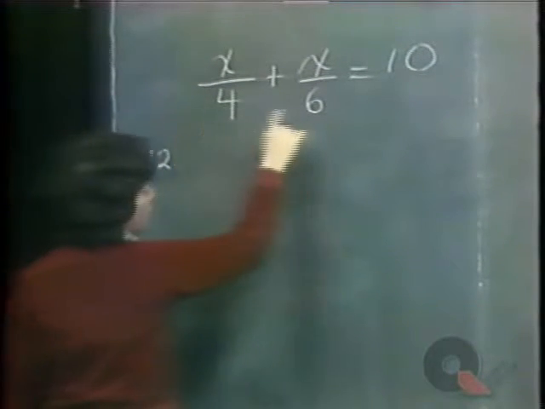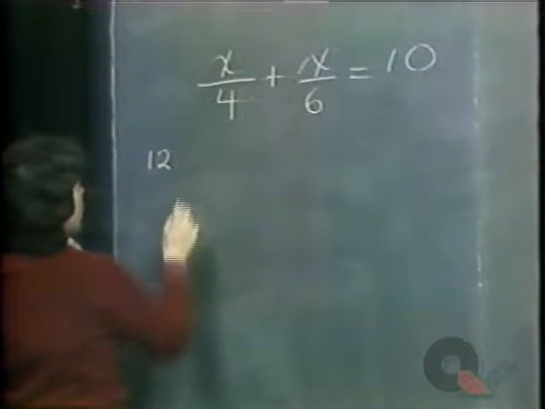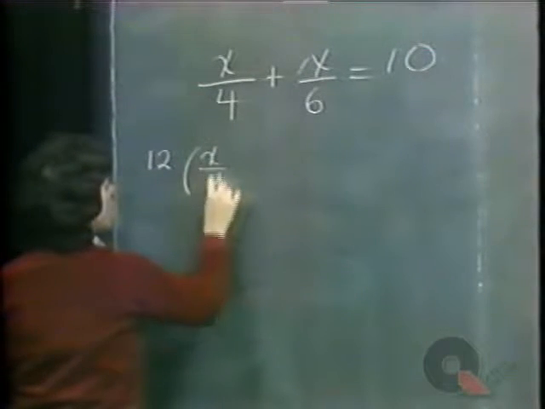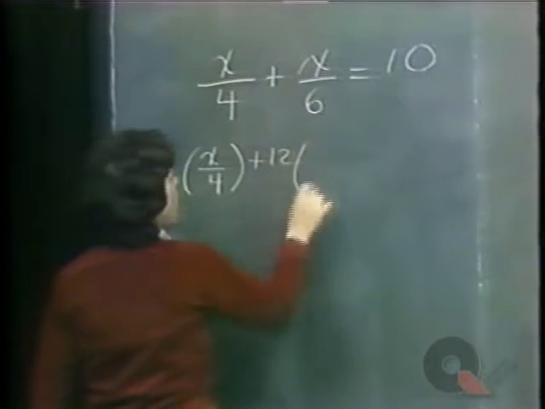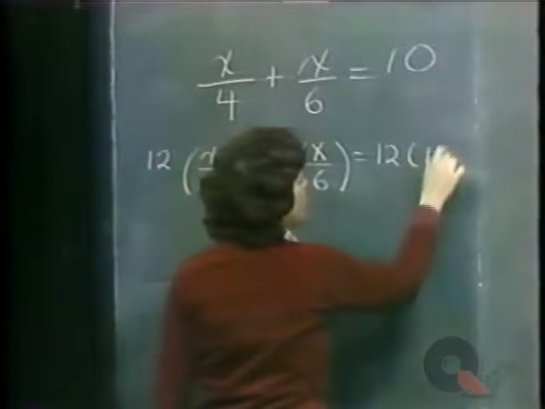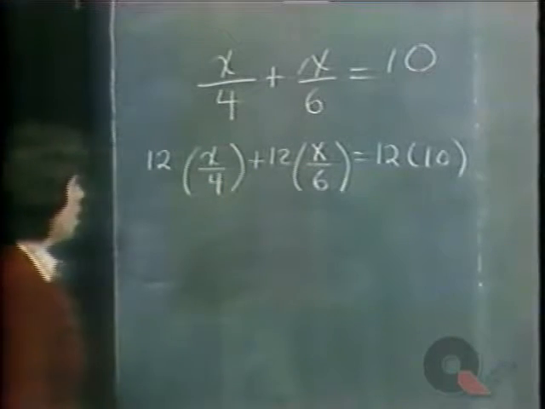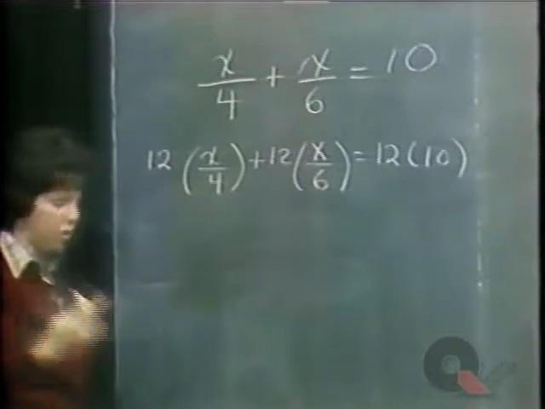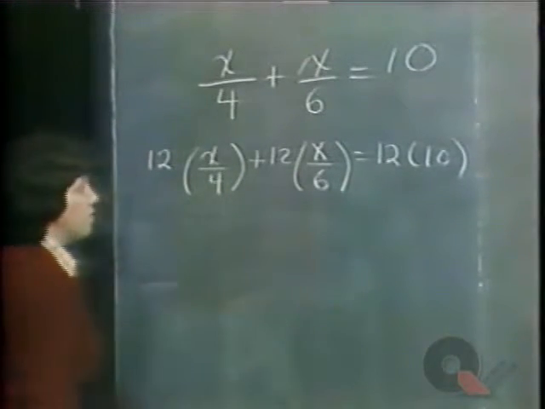In doing so, we will multiply each and every term here by 12. 12 times x over 4 plus 12 times x over 6 is equal to 12 times 10. Now this number 12 has been chosen so that 4 and 6 both divide into it.